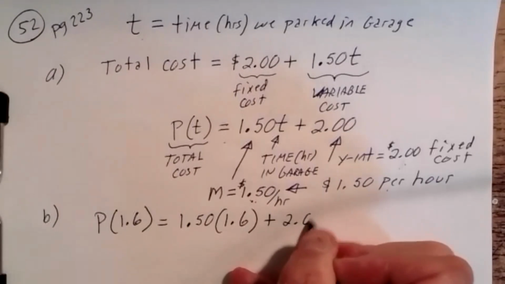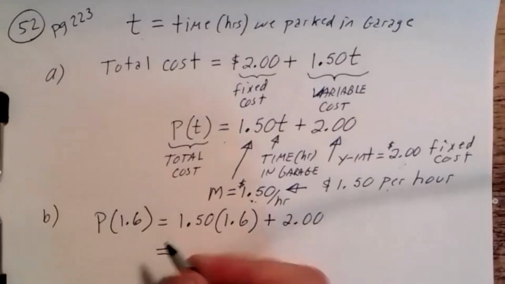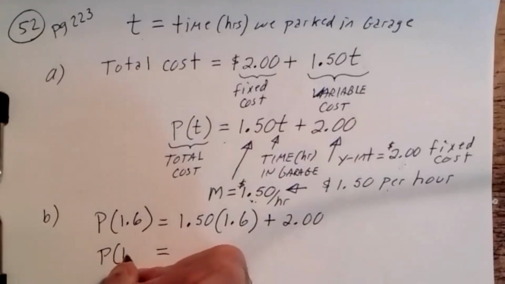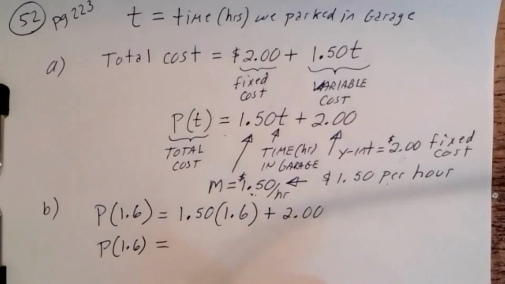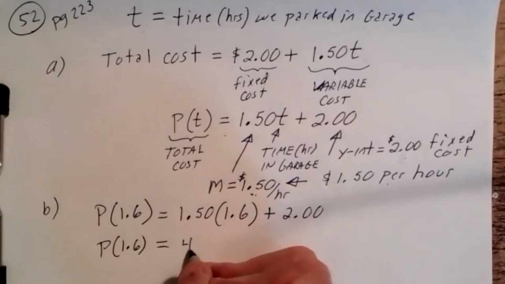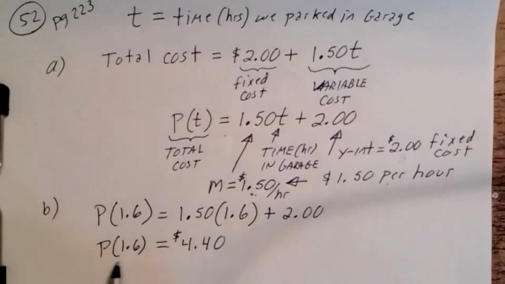Get on your calculator and help me out here, ladies and gentlemen. What is 1.5 times 1.6 plus 2? Anybody dial it up for me? What does this evaluate to? 4.4. Does anybody want to interpret what's going on here? What have we just generated in the context of this problem?